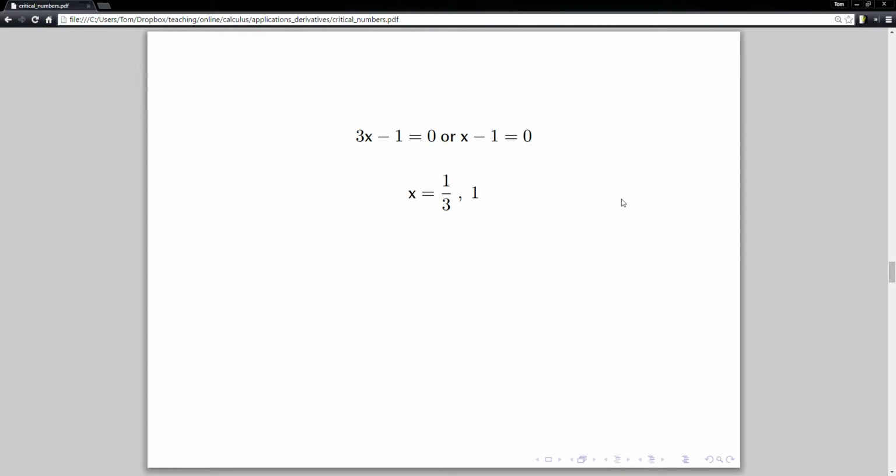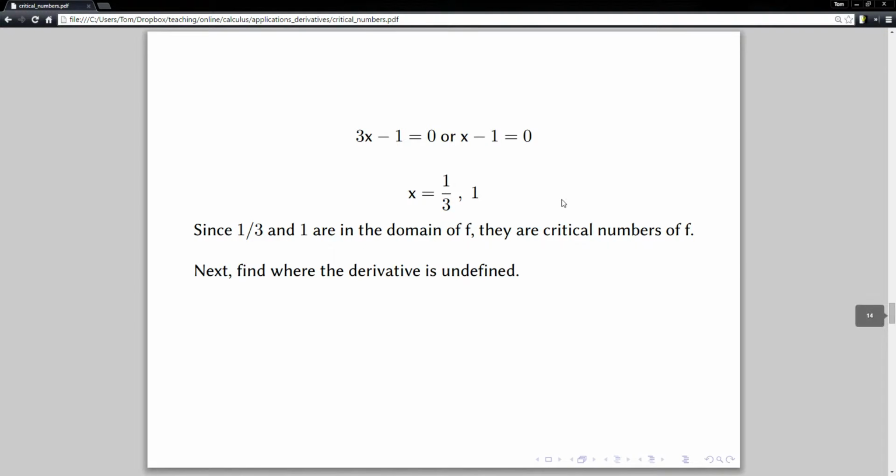Make sure that you check to see that those are actually in the domain of f. Since every real number is in the domain of f, these two certainly are. So these are critical numbers of f. They are places at which the derivative of f is equal to 0. Next up, you need to find where the derivative is undefined.